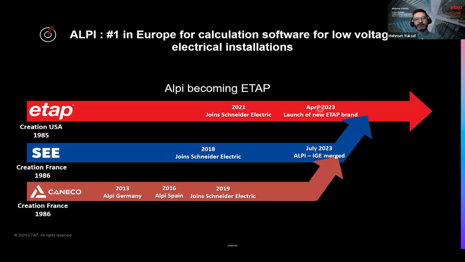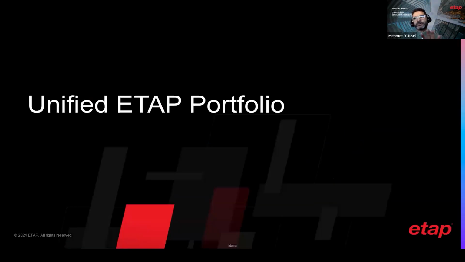When you search for Caneco software or C software, you can find us by the ETAP name, and we are now a design company dedicated to electrical design. So this was only a couple of words about the brand ETAP, who we are.